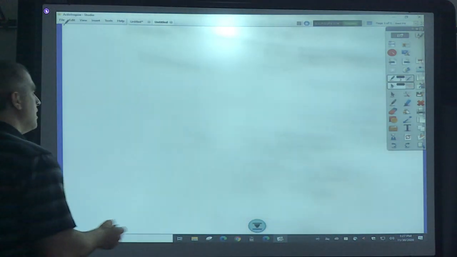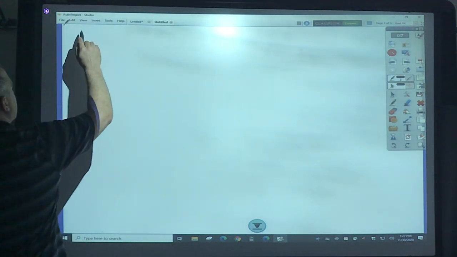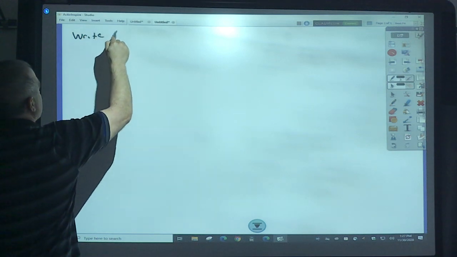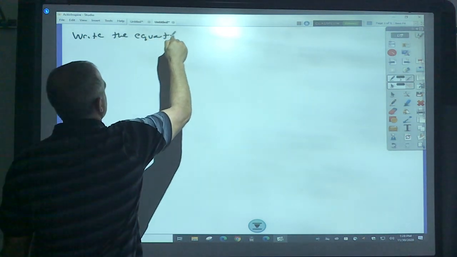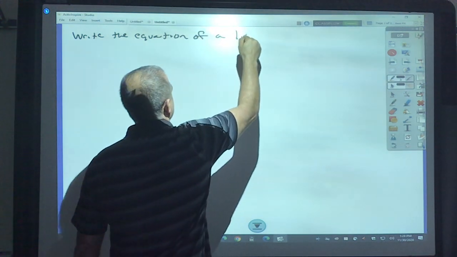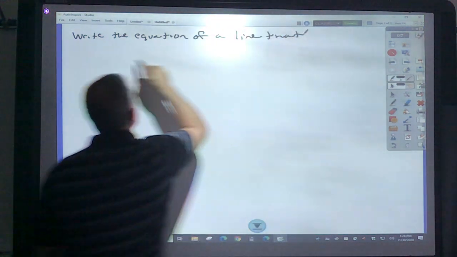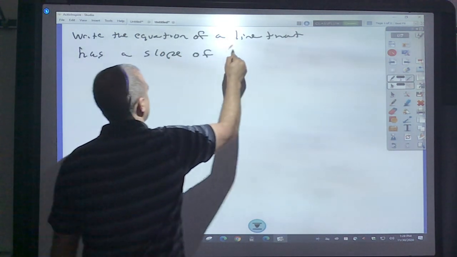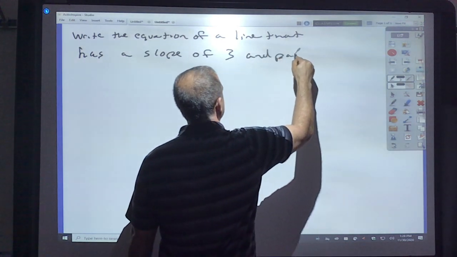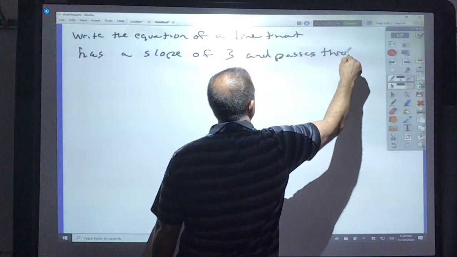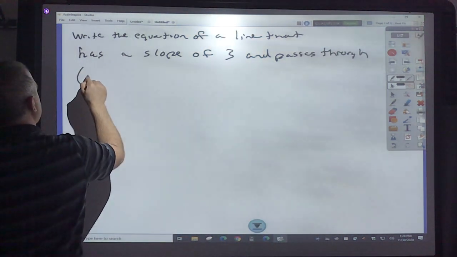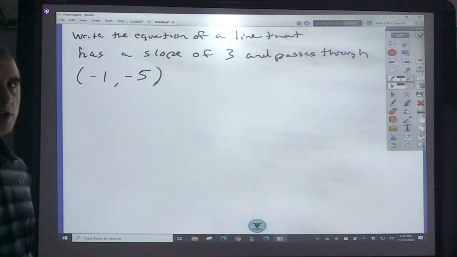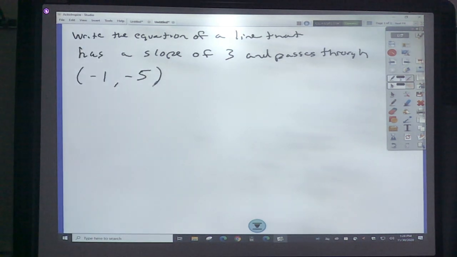So I want to talk about, let's say they said, write the equation of a line that has a slope of 3 and passes through, let's say, (-1, -5). Okay? So, I want to talk about how you find the equation.